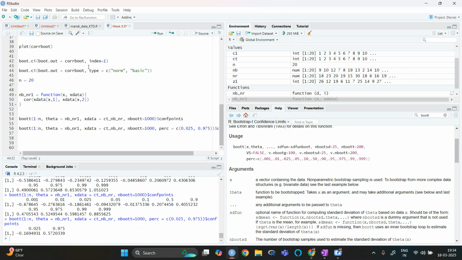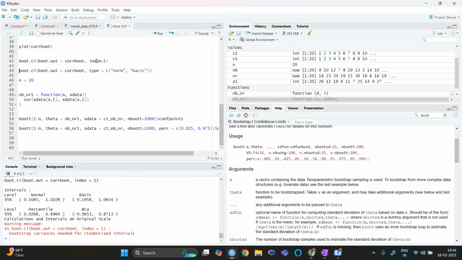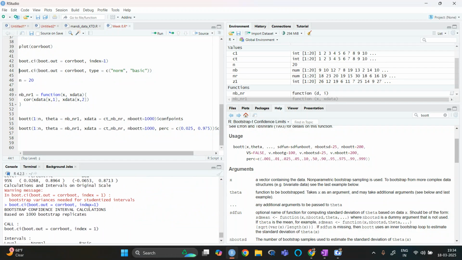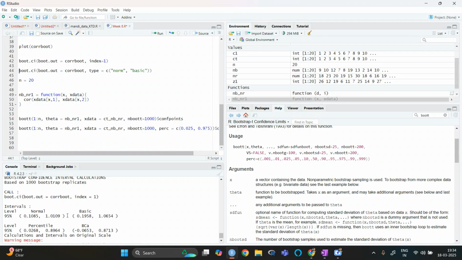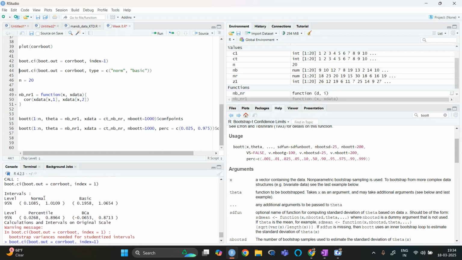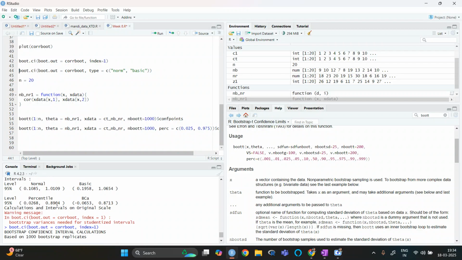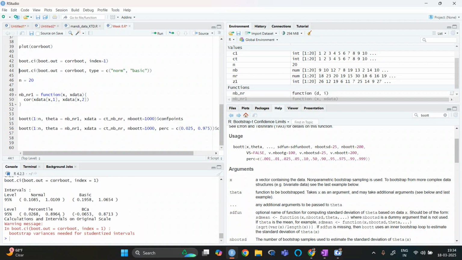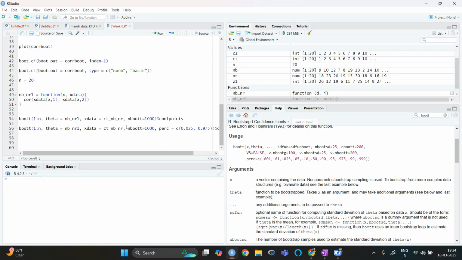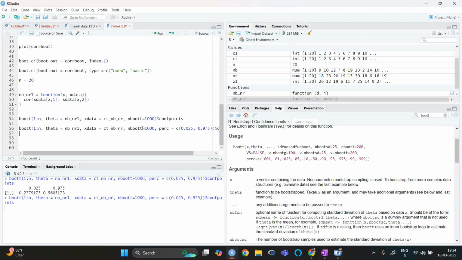Whereas if you do this, you can see that the confidence intervals in these two are the same. The normal one is 0.1085, 1.1019. It does not matter how many times I run it, it will be the same. But here it is changing. You can see just one, and then here you can see it is changing.